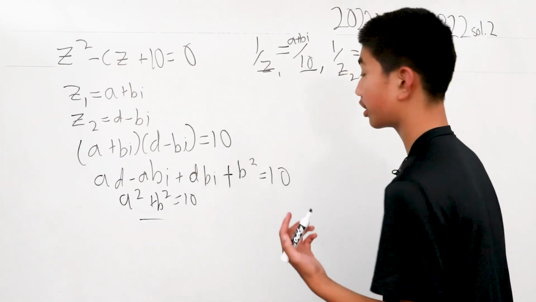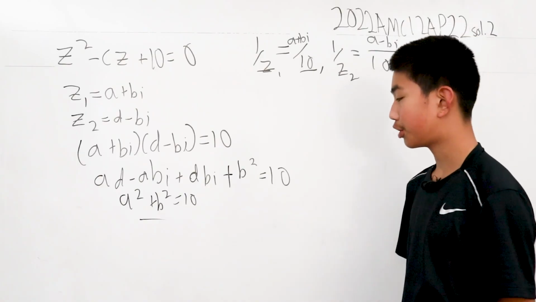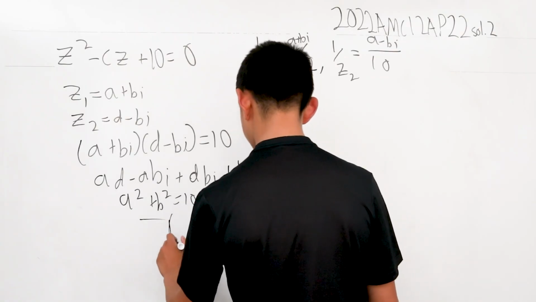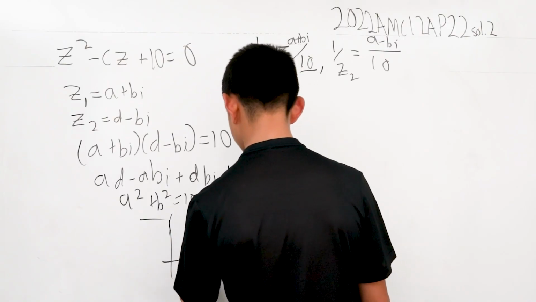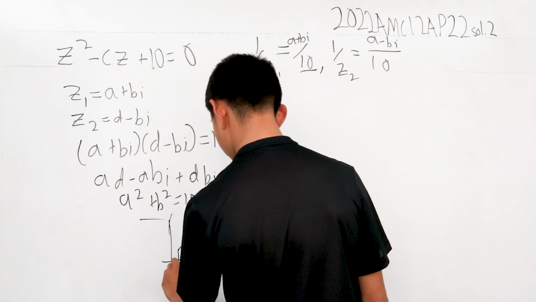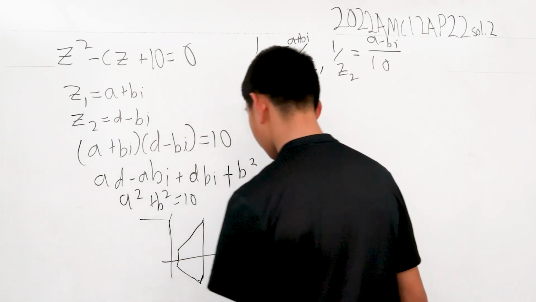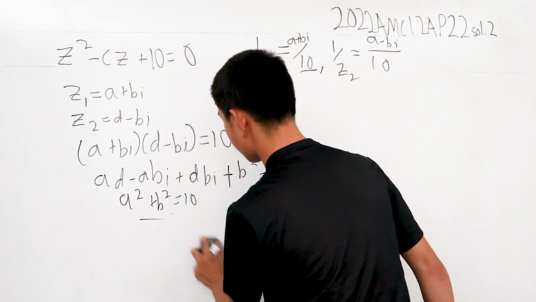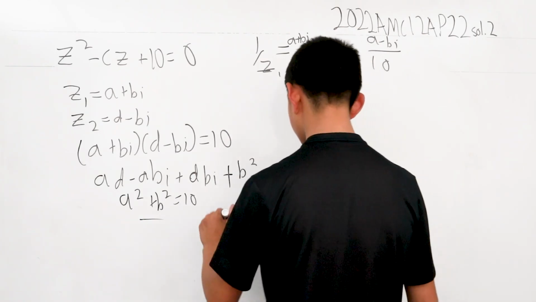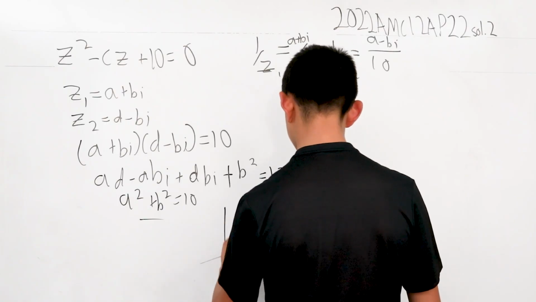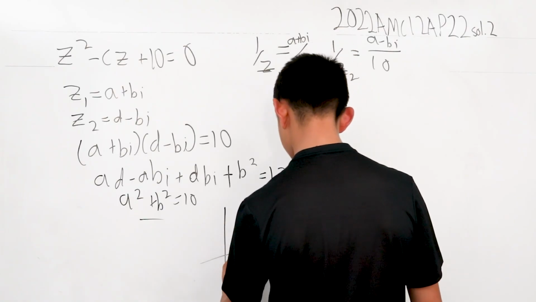Now, earlier in the first solution, we showed that the area we're looking for is a trapezoid, a trapezoidal-like shape, if I can draw it.